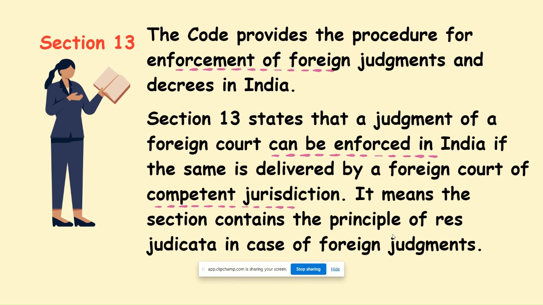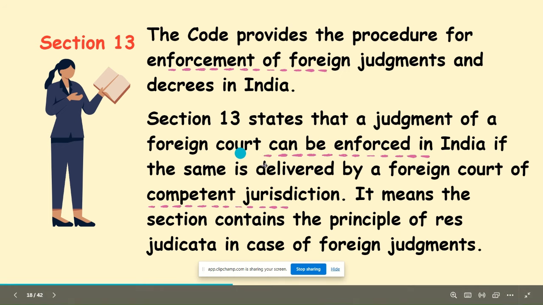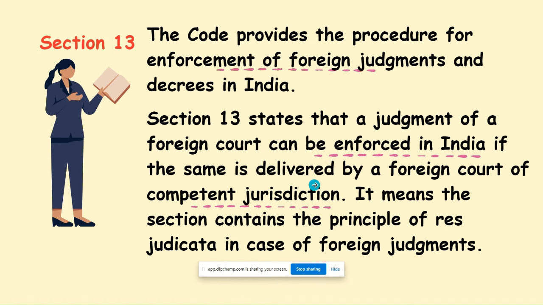The code provides the procedure for enforcement of foreign judgments and decrees in India. This is section 13 of the CPC. Section 13 states that a judgment of a foreign court can be enforced in India if the same is delivered by a foreign court of competent jurisdiction. ये बहुत important है इसमें, foreign court of competent jurisdiction.